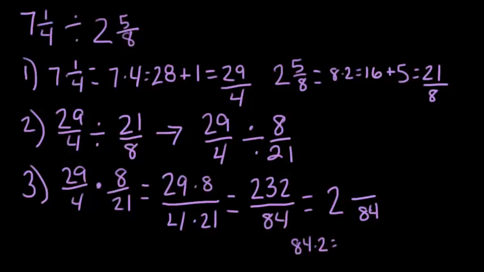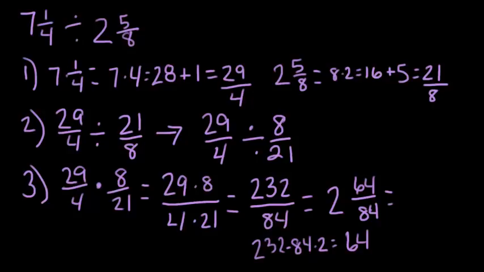We're going to subtract that from 232 and that will give us 64. So we have 64 over 84. This can be simplified once more.